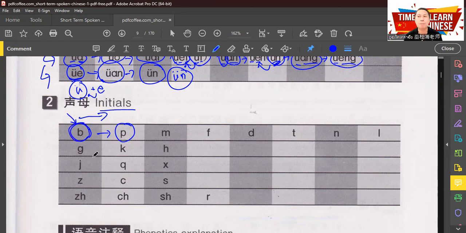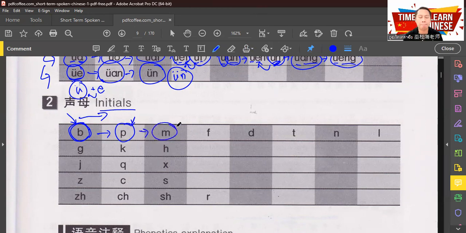B is 波. But for P, we will close your lip not too tight, just a bit. More light, like 坡, relax.